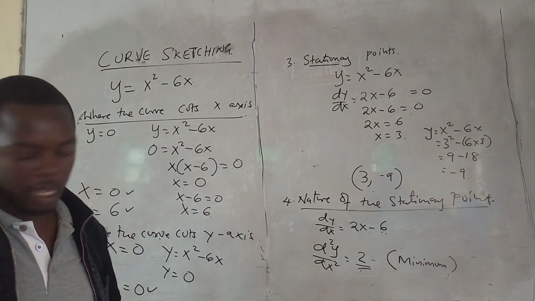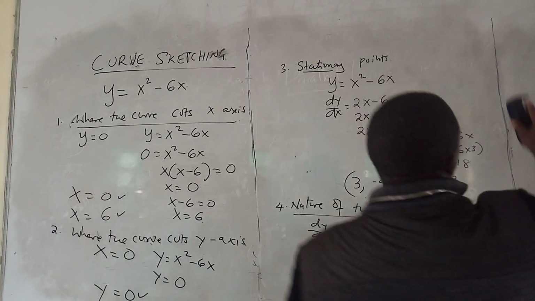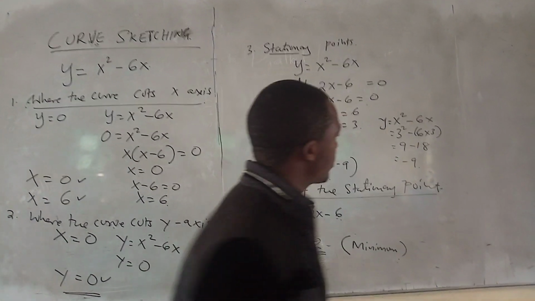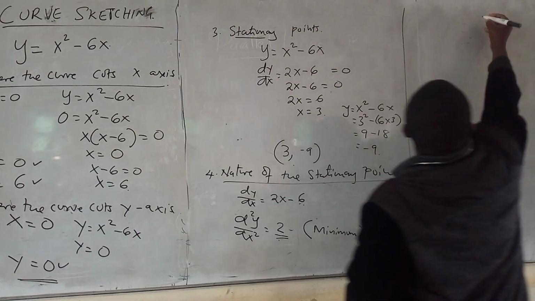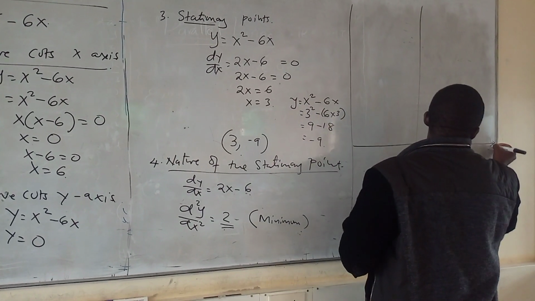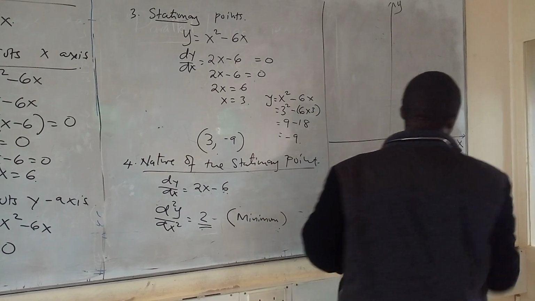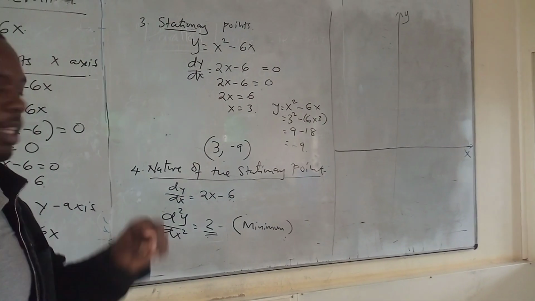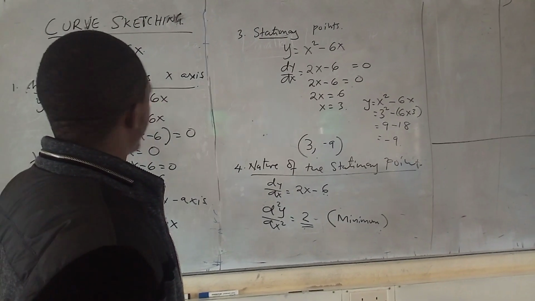So I will go now straight to sketch the curve. I will draw my x. This is my y. This is my x. I will be very careful so that I can accommodate all the values. So I'll start where the curve cuts the x-axis.